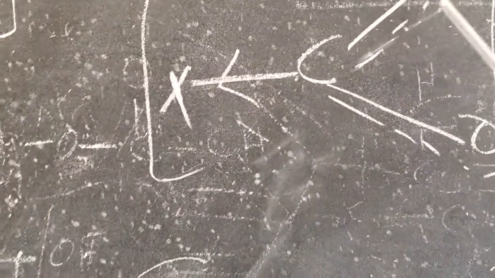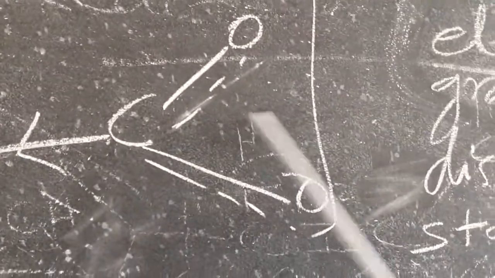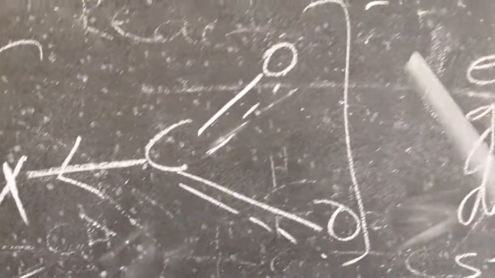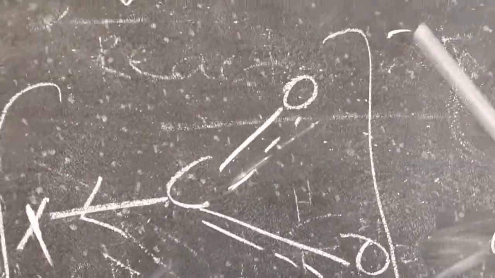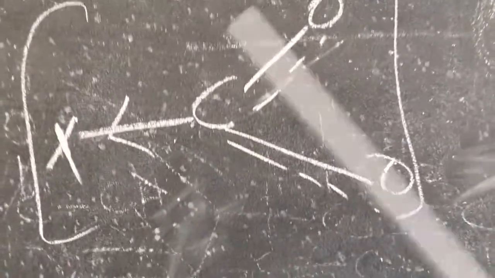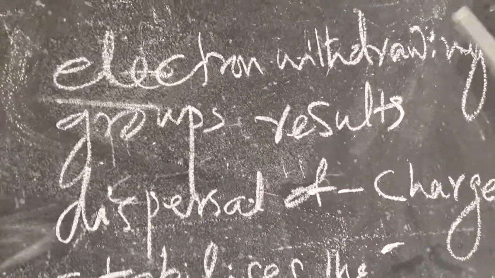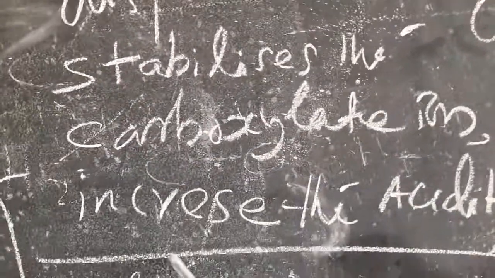If an electron withdrawing group is here, naturally the negative charge is here actually. Electron withdrawing group means the electron cloud can be dispersed and move towards X by the inductive effect. So the negative charge will be dispersed, moving towards the X. That is written here: electron withdrawing groups result in dispersal of negative charge, stabilize the carboxylate ion and increase the acidity.